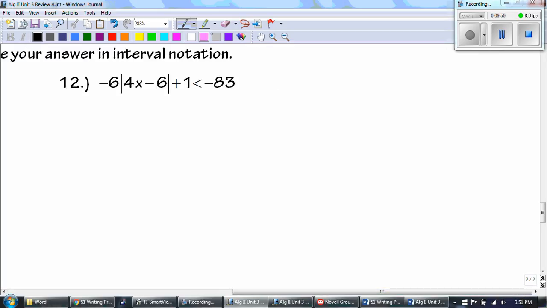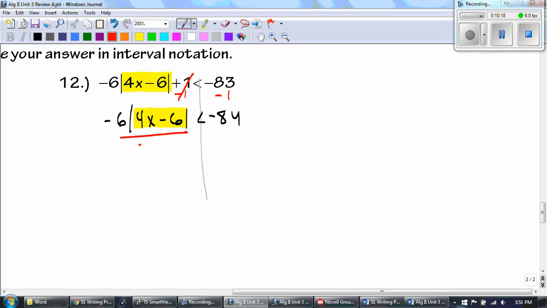Next one, number 12. We got to get the absolute value by itself. So to do that, I need to cancel the addition first. I have -6 times the absolute value of 4x minus 6 is less than -84. The absolute value is not by itself yet, so I need to divide both sides by -6.